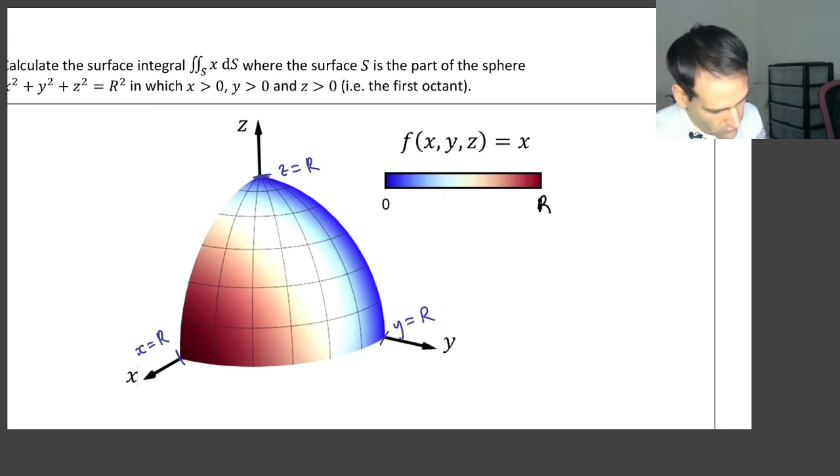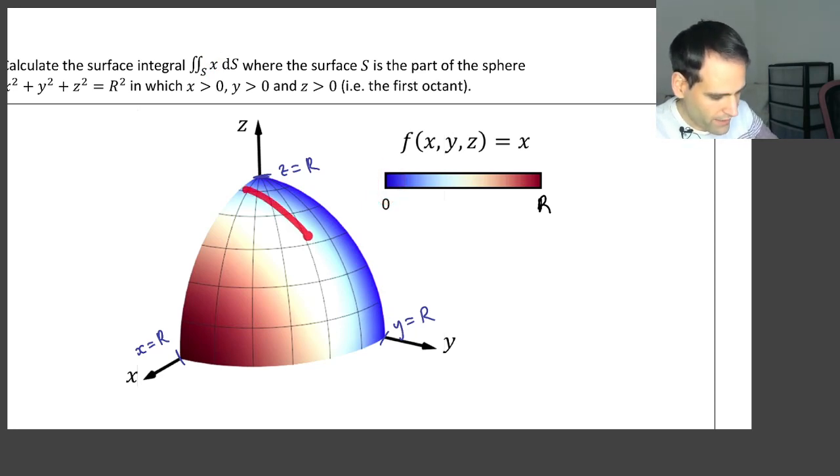Okay, so this means that any point in the sphere in which x equals 0, for example, in this line here, in this arc here, x equals 0, and therefore the integrand is 0, and that's why this is dark blue.